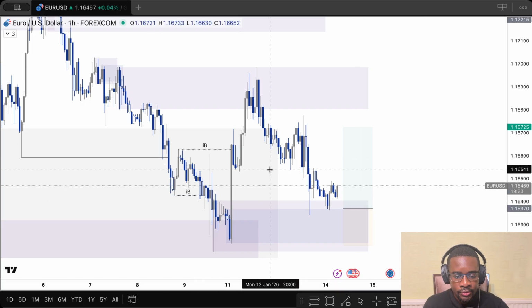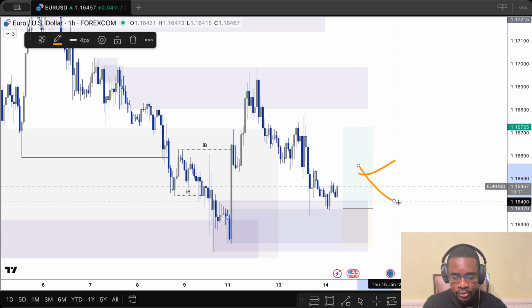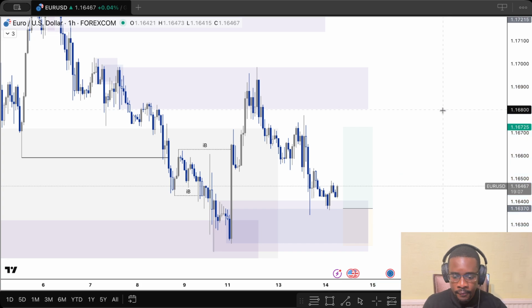Of course, it's sort of counter trend, but I'm leaning a bit more bullish than bearish. So that's the trade idea for the Euro USD, looking for longs going up like that.